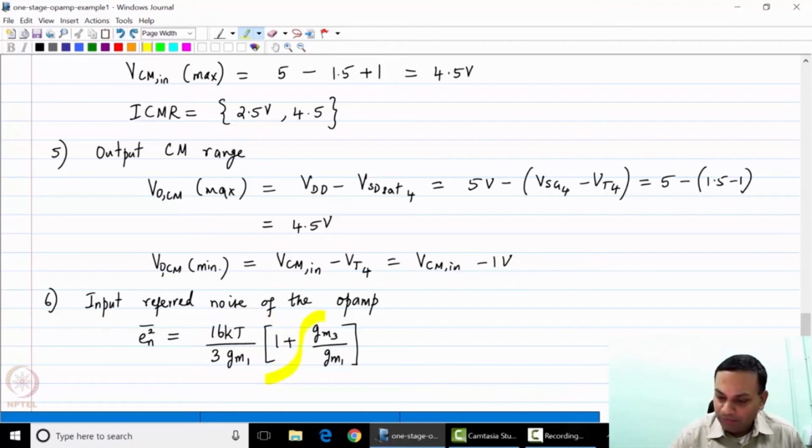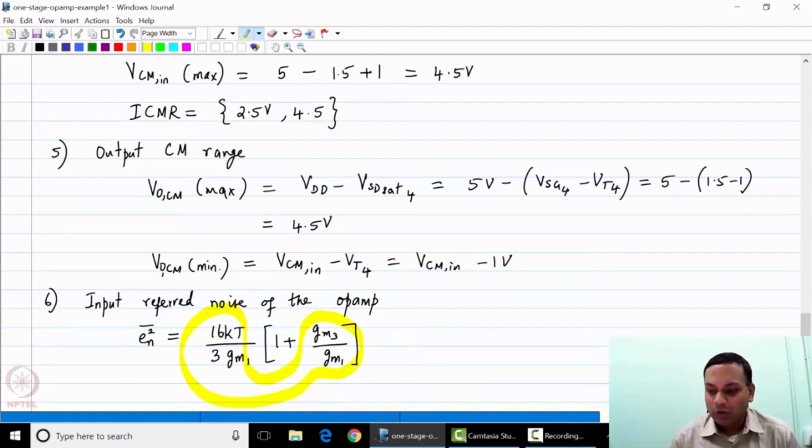The second quantity represents the noise of M3 and M4 referred back to the input. As you can see, the noise of M3 and M4 depends on GM3, but the overall transconductance of the op-amp depends on GM1, and therefore the input referred component depends on both of these.